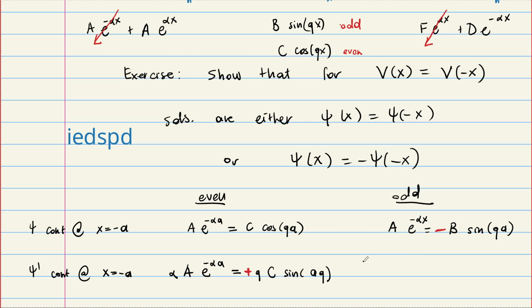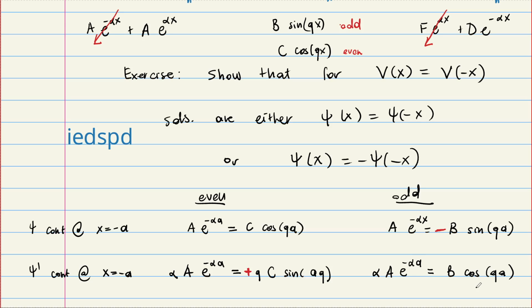And similarly here, A times e to the minus alpha a times alpha is equal to, and now the derivative of sine is cosine, and this is going to be b cosine qa.